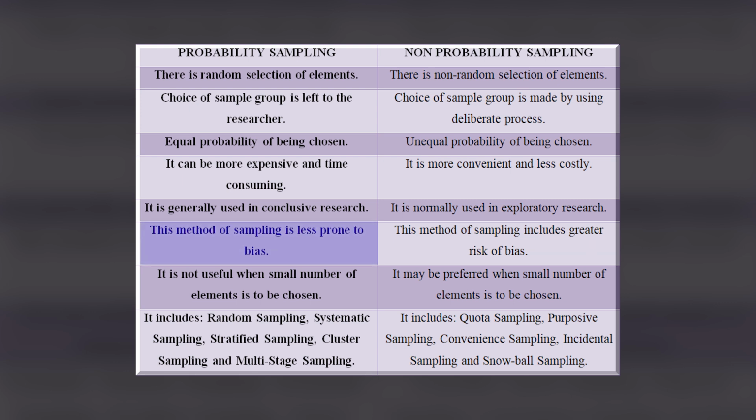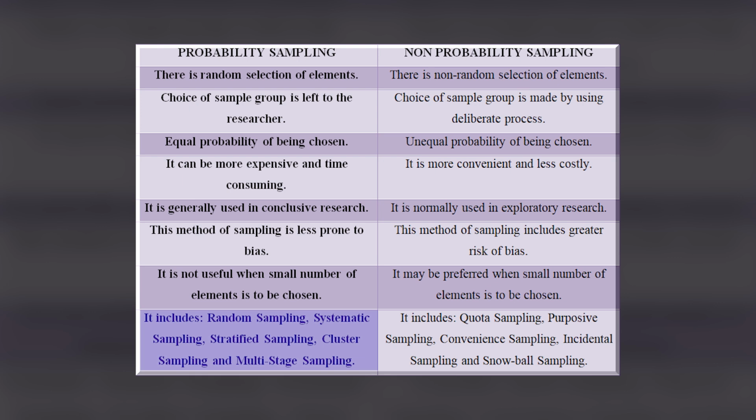Probability sampling is less prone to bias, whereas non-probability sampling includes greater risk of bias. Probability sampling is not useful when small number of elements is to be chosen. On the other side, non-probability sampling may be preferred when small number of elements is to be chosen.